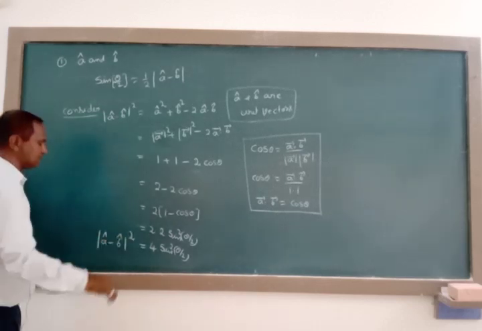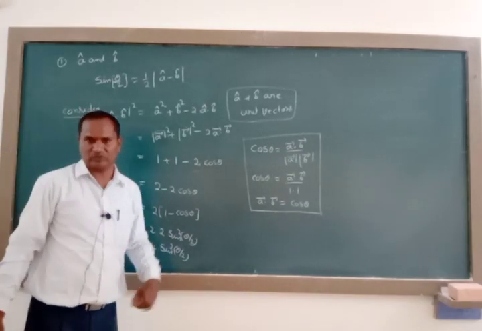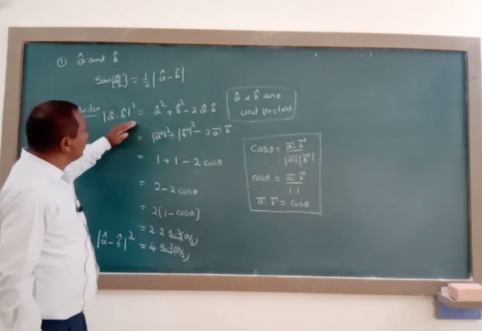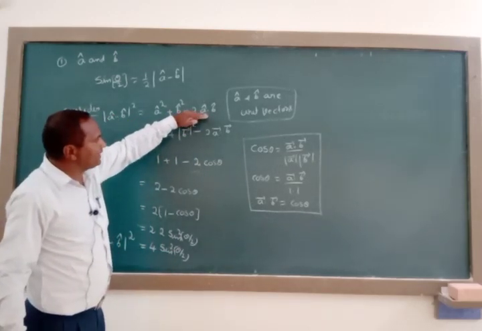A cap is a vector, you can represent it with bar also. I have written it in only one single step with cap, and afterwards I have taken arrow marks.